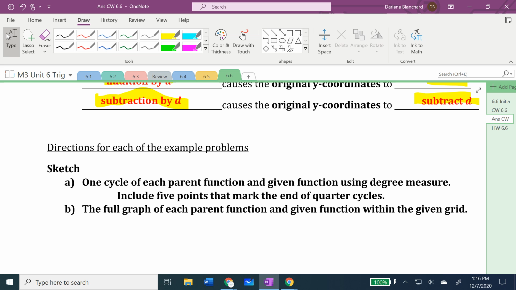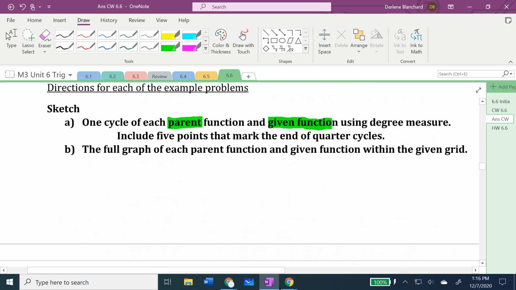So one cycle of the parent, one cycle of the transformation that is given to you. Then you're going to draw both of them across the grid. We're going to do this together.